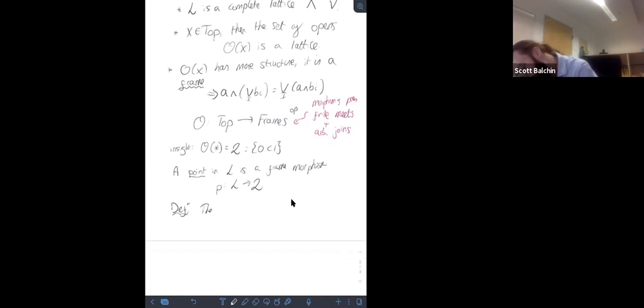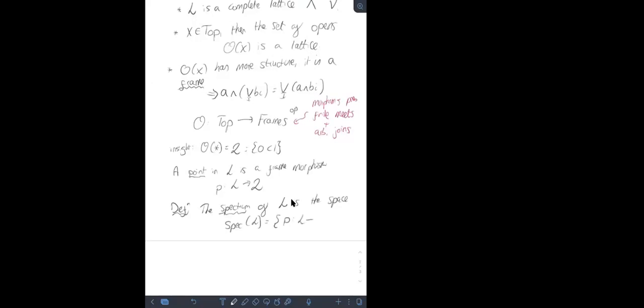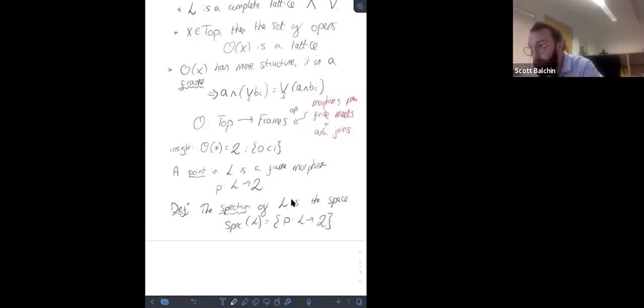So the spectrum of a lattice L is the space, very suggestively called Spec of L. As a set, this is just the points of the lattice, so frame morphisms from L to 2, with opens U(a), where I look at my points p in Spec L such that if I evaluate a, I get 1, and here a runs through the elements of my lattice. So this gives me a topological space.